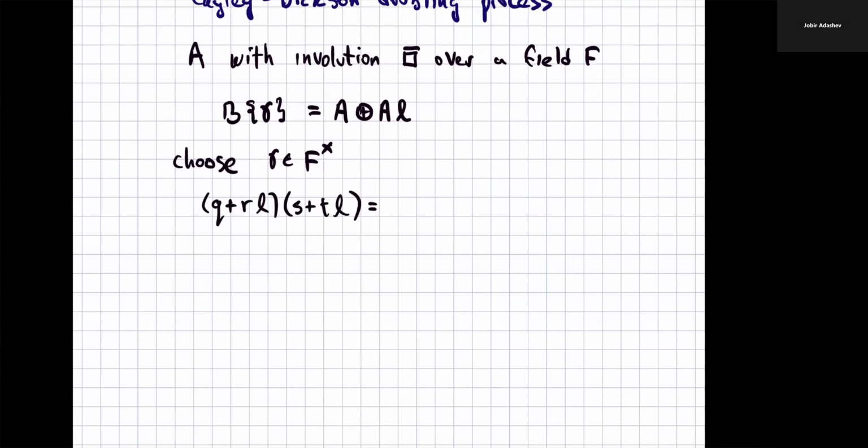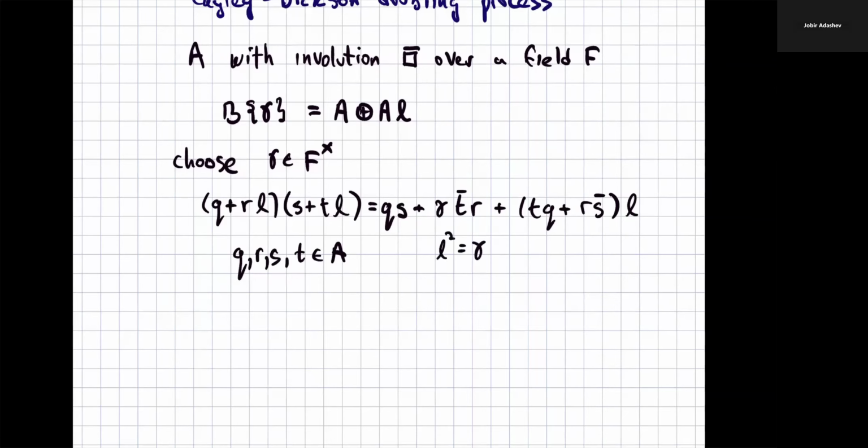This reminds you of the product of complex numbers or quaternions. We have this product: (QS + gamma T bar R) + (TQ + R S bar) L, for Q, R, S, T in A. And of course, this forces L squared to be gamma.